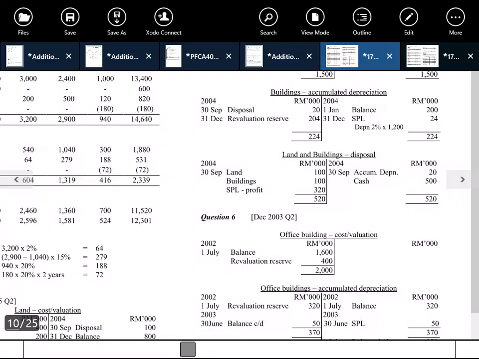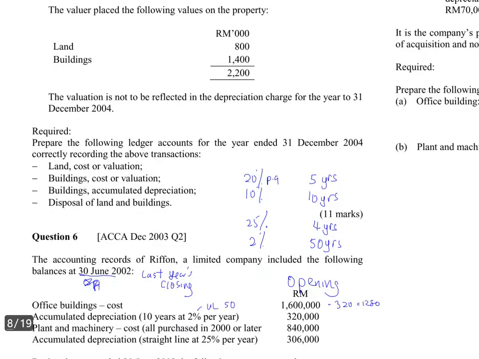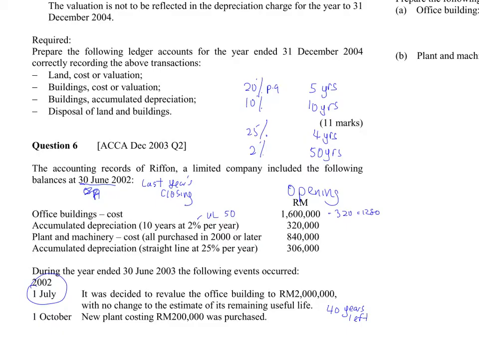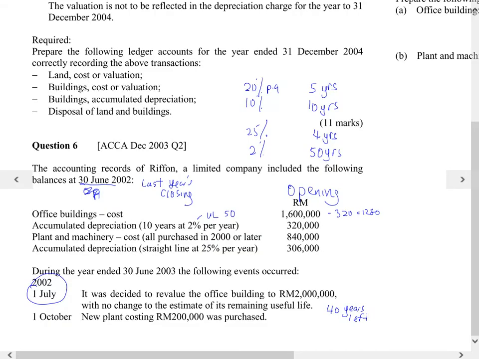Question 6, last one. Okay. The accounting records of refund included in the following balance 30th June. Our year end is 2000, not given.